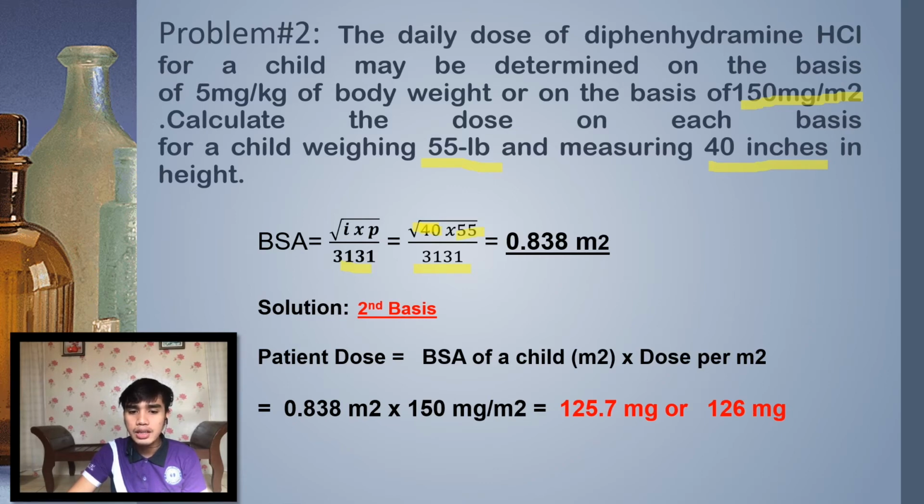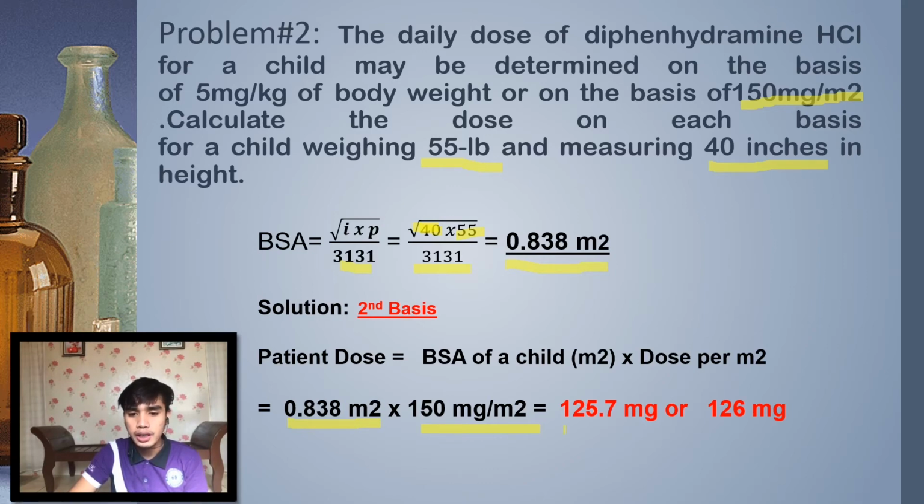BSA of the child is 0.838 meters squared. Here, we solved that earlier. Multiplied by the second basis, which is 150 milligram per meter squared. Simply multiply each value for us to get the second dose.